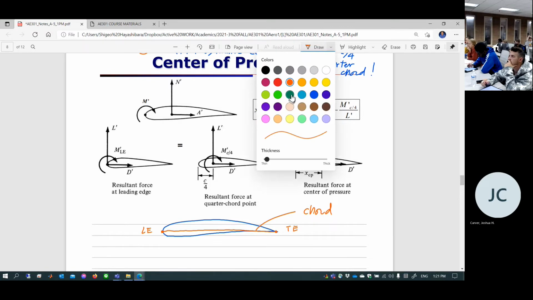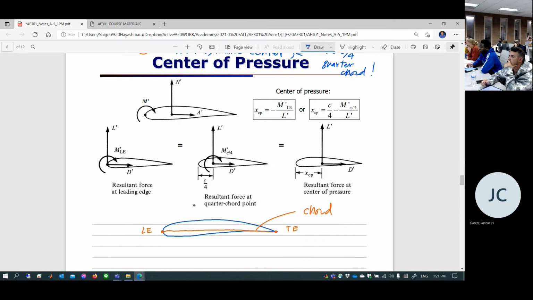But at the same time, if this is cambered, you can draw a line in between the upper and lower surface. In other words, an intermediate line between the upper and lower surface. This is called the mean camber line.